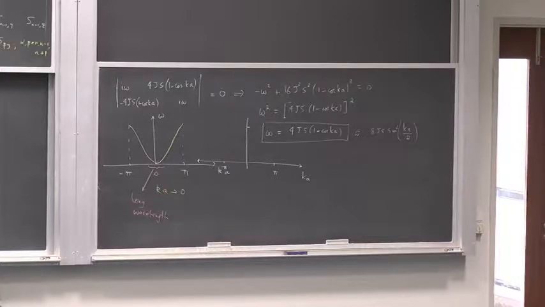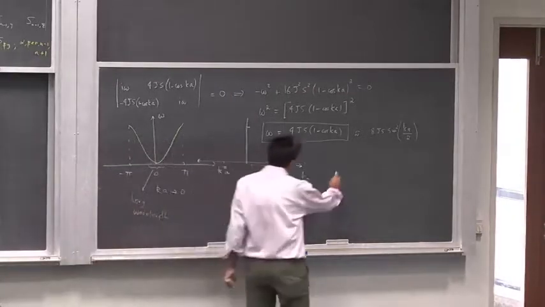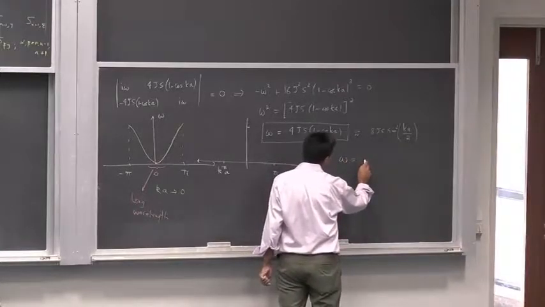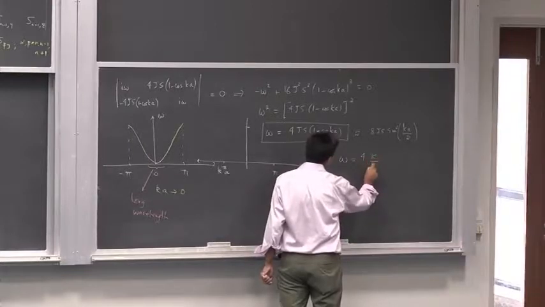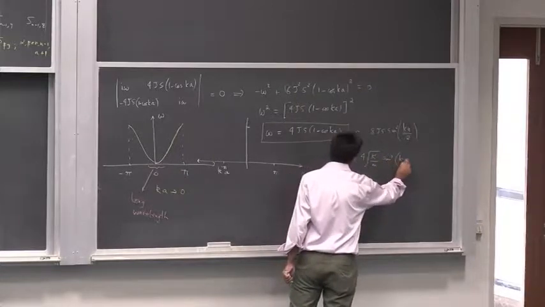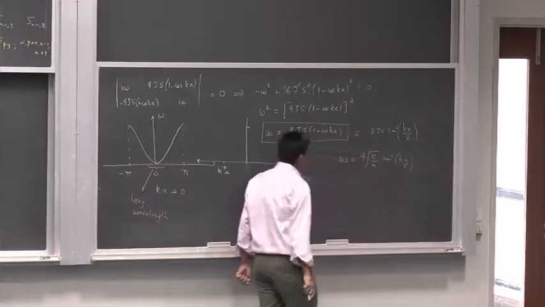For phonons, the dispersion relationship is omega square is 4K over M sine square Ka over 2, right?